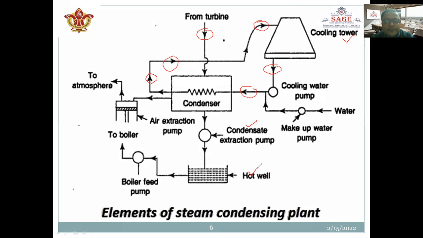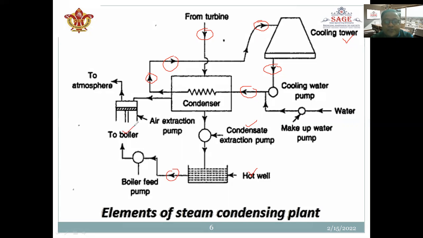This is the hot well unit, where the condensate collected from the condenser is stored, and from the hot well it passes through the boiler feed pump into the boiler unit.